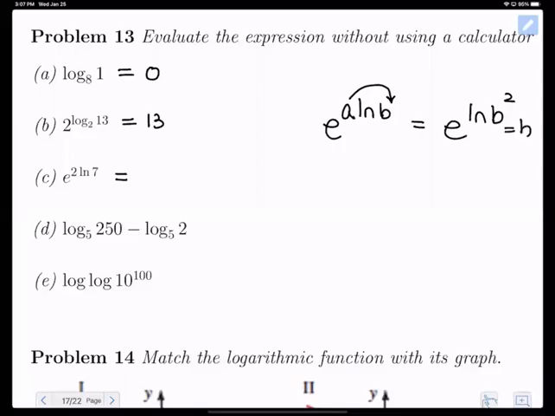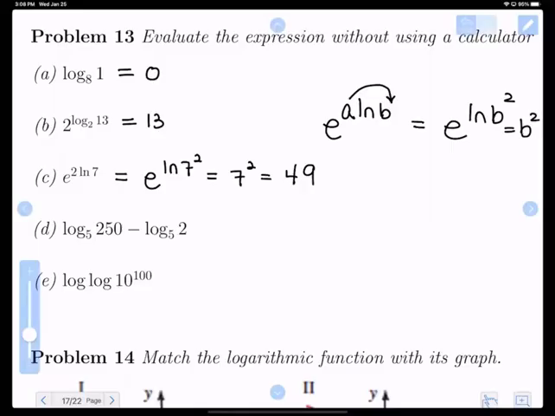So this is a b squared. Do you understand this? The number goes to the exponent, not the multiplication. So we rewrite it: e to the ln of 7 squared, that's 7 squared, which is 49. This is a new property, and we're going to discuss it in the next section, but it's hard for us to evaluate.